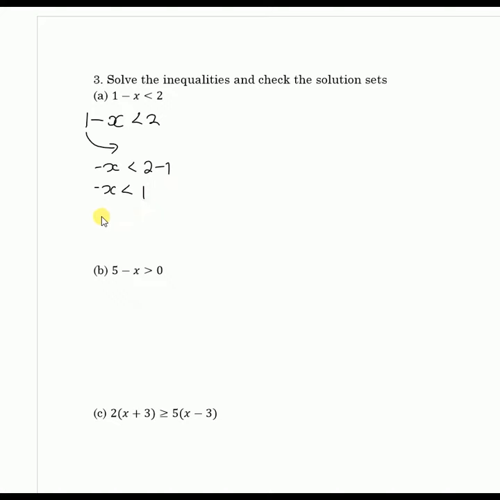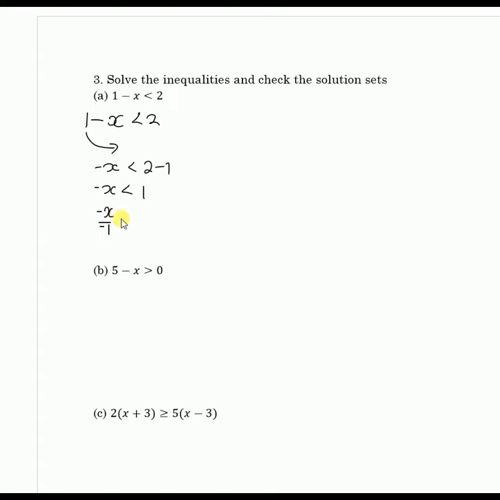Now at this spot, we are going to divide through, because we are supposed to get the value of x, not the value of negative x. So to get x alone, we need to divide through by negative 1. If I divide by negative 1, I shall get x, because negative x divided by negative 1 is x.